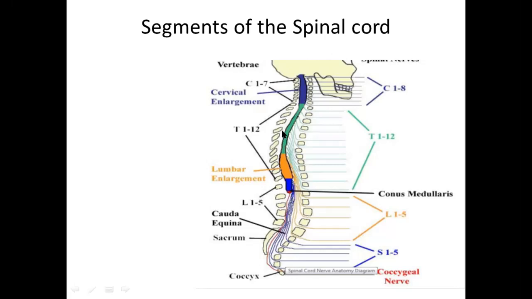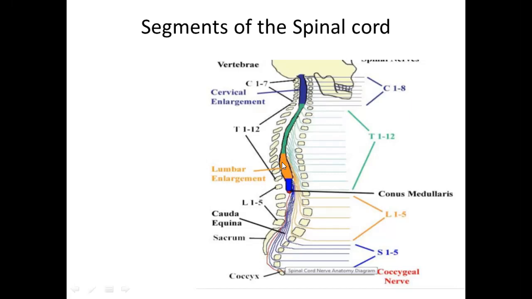In the thoracic region, the spinal cord contains 12 segments. This number corresponds to the 12 thoracic vertebrae. In the lumbar region, the spinal cord contains five segments.